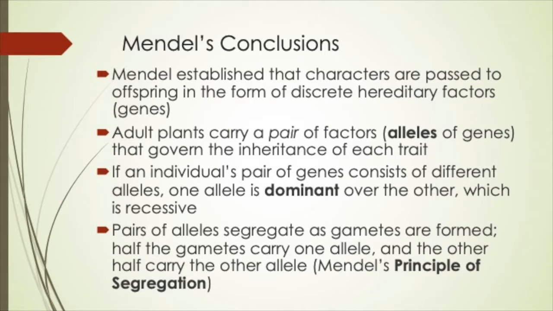To begin, Mendel chose pea plants that were true breeding. In other words, they had traits that were non-heterozygote. They had to have both dominant or both recessive. Part of Mendel's conclusions was that characters were passed on to the offspring through discrete hereditary factors.